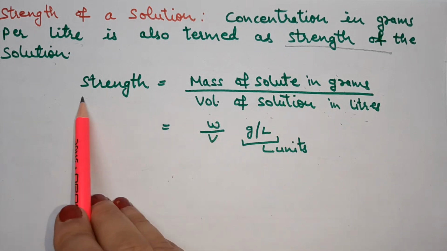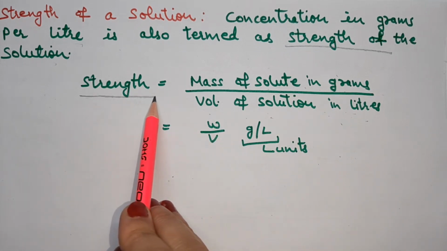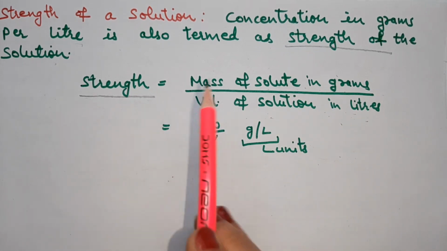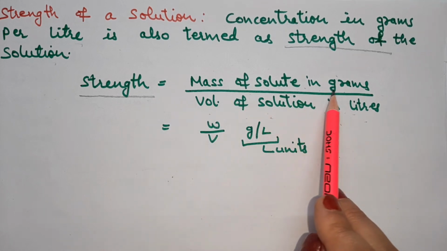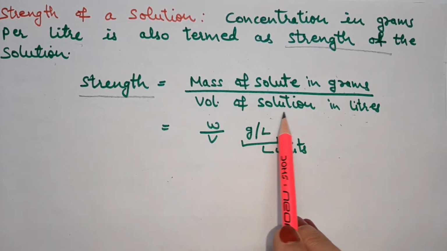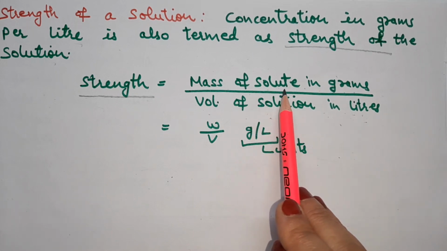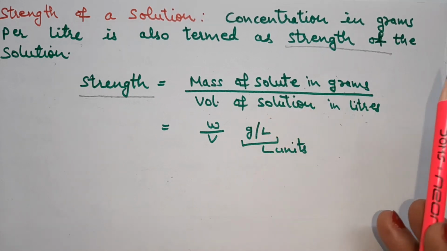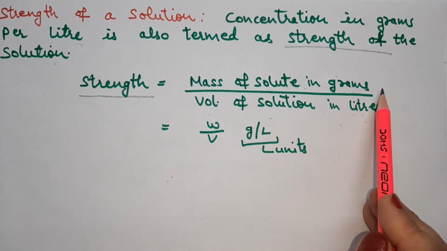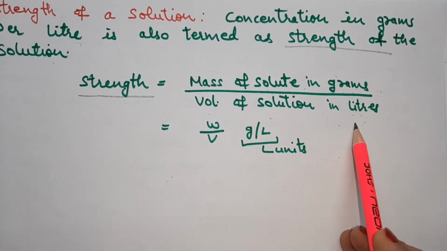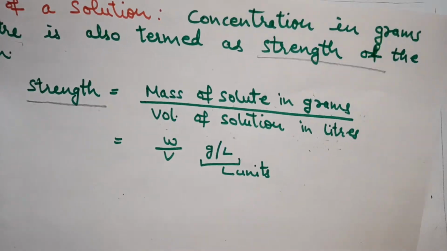That is simply known as the strength of the solution. It is the given mass of the solute in grams upon the volume of the solution in liters. Here we need not convert the mass of the solute into moles.